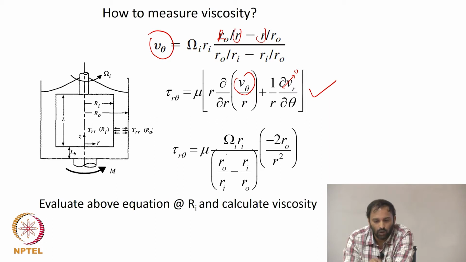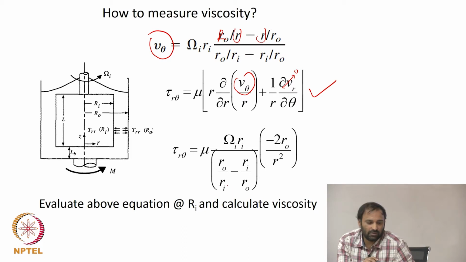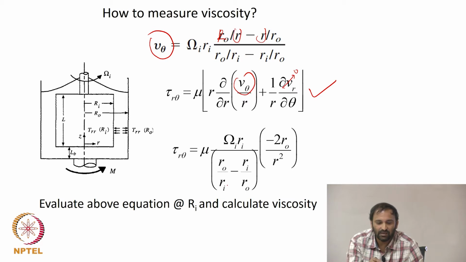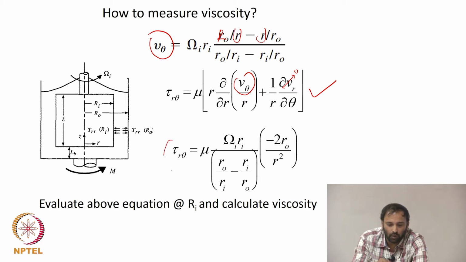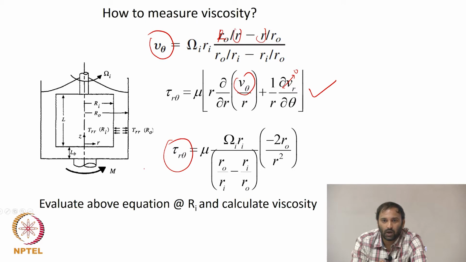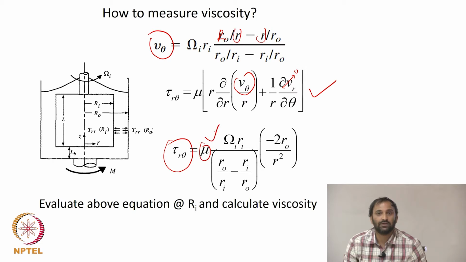And tau r theta goes as mu times all these parameters. Now I can evaluate this tau r theta at either Ri or Ro, depending upon whether I'm rotating the inner or outer cylinder. Because I already know what tau r theta is in terms of the torque, I can substitute that into this equation and measure your viscosity.